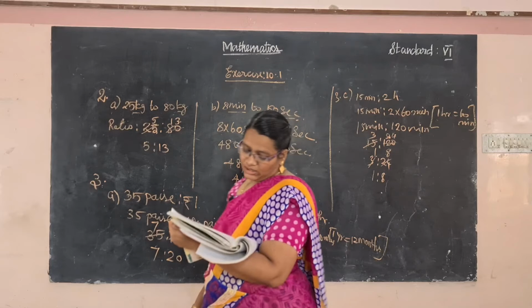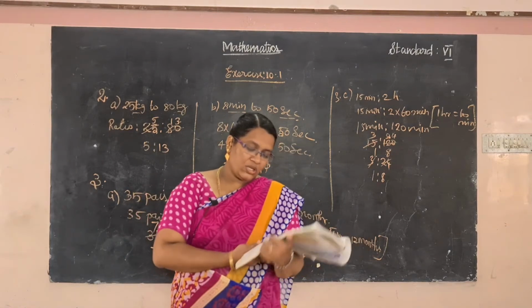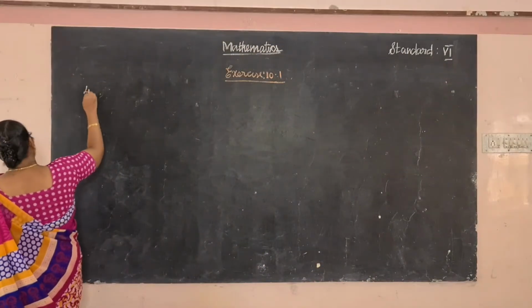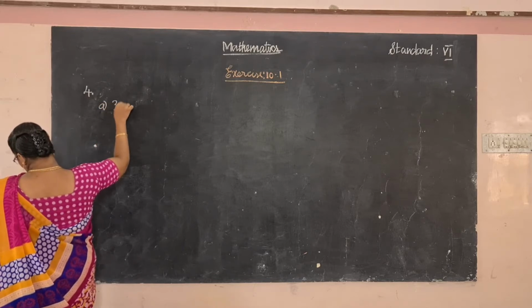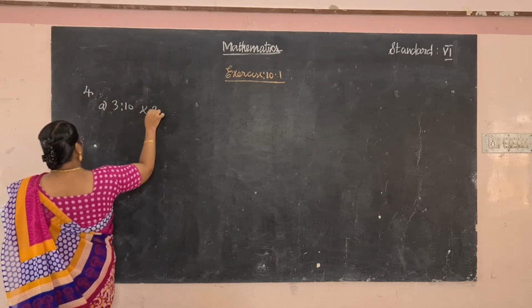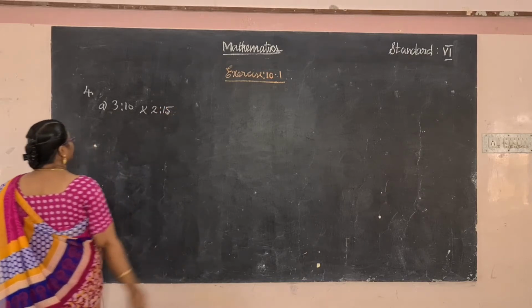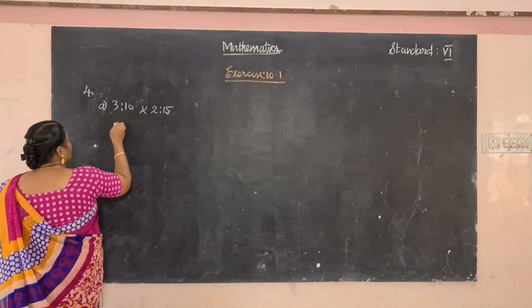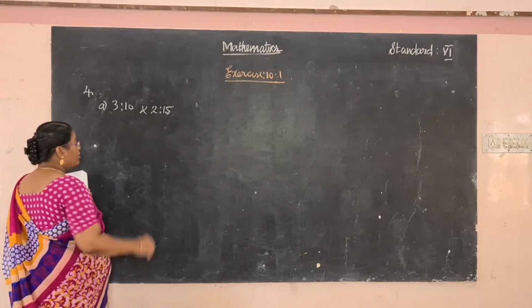And fourth one, compare the following ratios. Comparison. Okay, which one is greater? Fourth one. The first problem, 3 is to 10 and 2 is to 15. Compare. So first write the ratios in the form of fractions.